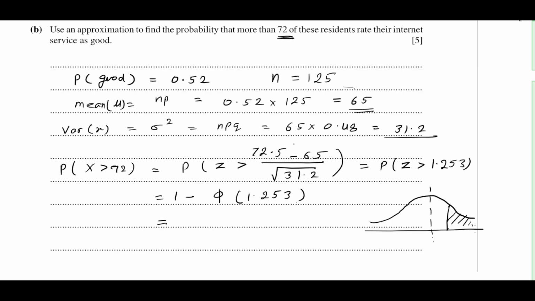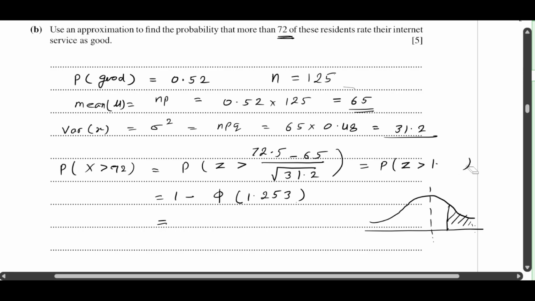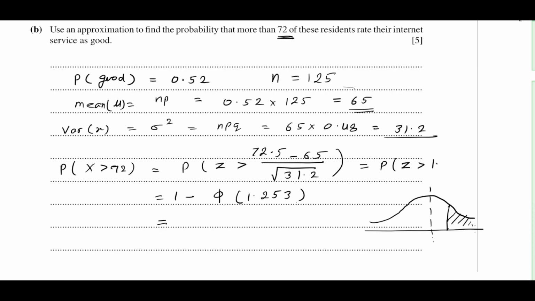divided by the square root of 31.2. So the result will be 1.343, up to three significant figures.